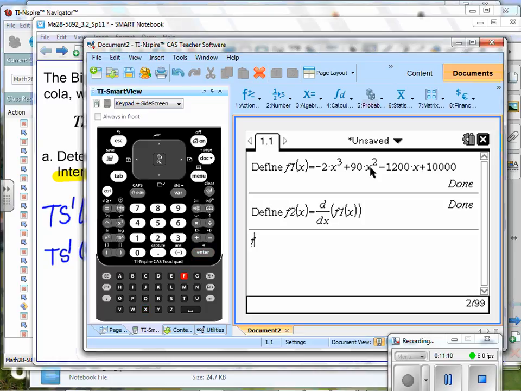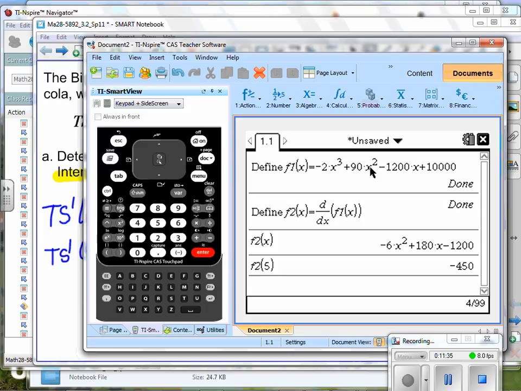If I want to see what that is, I'll just type f2 of x, and it will show me. Everyone in here can do that on your own, so I'm not too concerned about that. But I thought I'd show that to you so that for future use, you can maybe use that on your quizzes and tests. Now f2 of 5, we had an answer of negative 450. You could do it on your own. It doesn't take that much arithmetic, but that's the value.